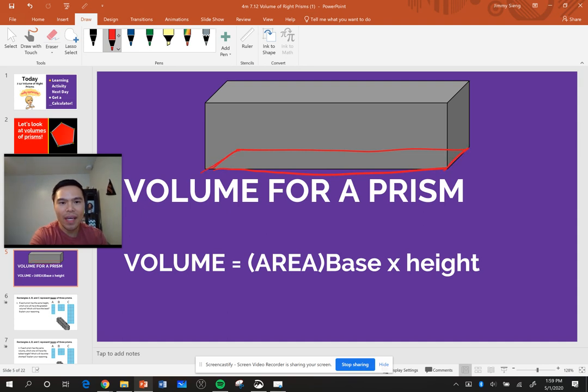That base is going to have its area, and then you have to multiply by the height, which is just going to be up and down, right? This is your height. So again, to get the volume of a prism, it's just going to be the area of that base times the height.